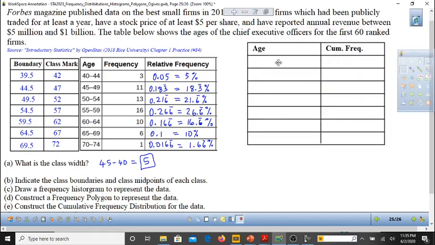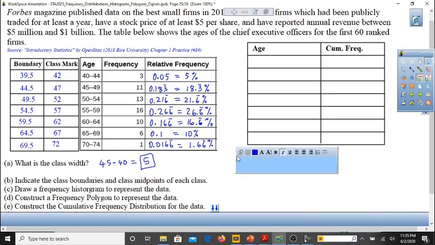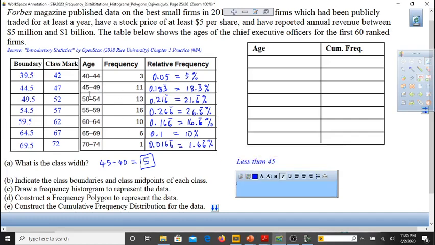First, I need to fill my class. It's a cumulative frequency graph. So what I'm going to do is fill in the information here. I want values that are less than either the class boundary between the classes or the lower limit of the next class. So I'm going to say less than 45. And then I want values that are less than 50.